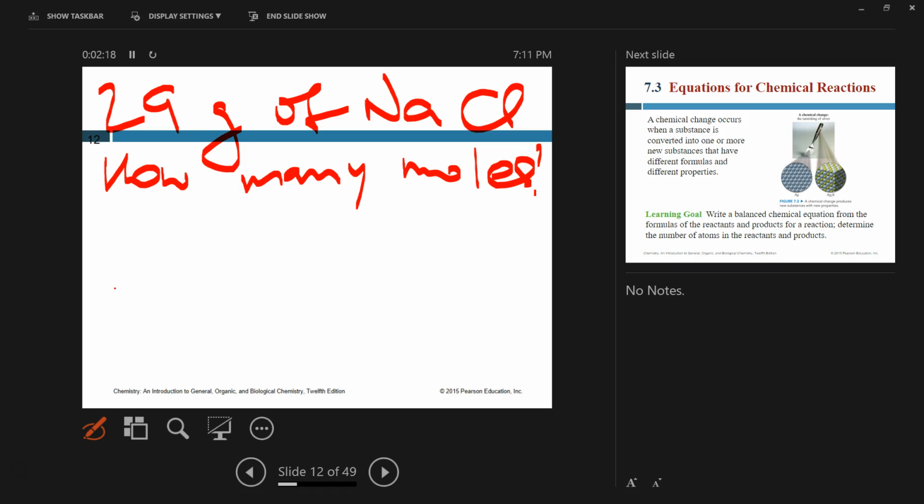What's the molar mass for sodium chloride? Sodium, I don't remember, 23? 23, and the molar mass for chloride, 35.5. So what's going to be the answer?